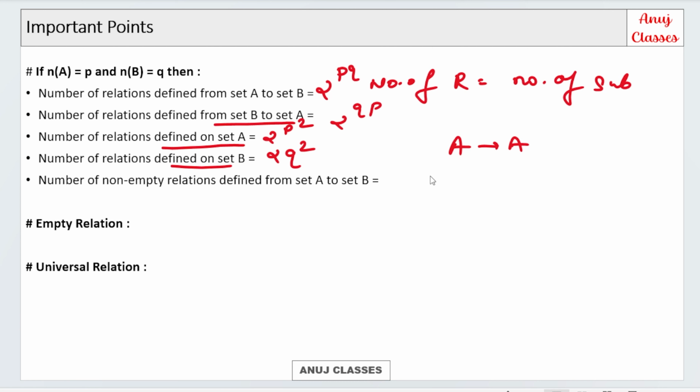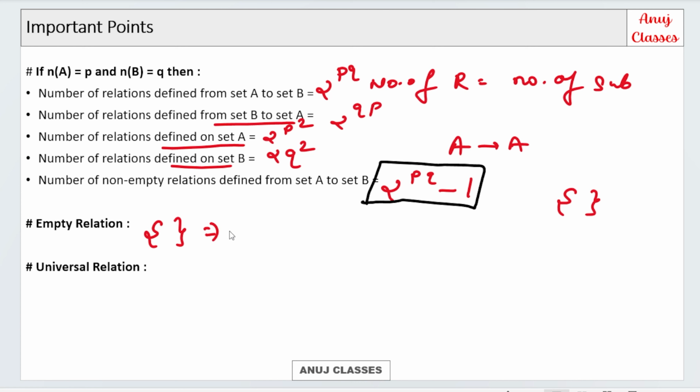The number of relations on set B, similarly, will be 2 to the power Q squared. Number of non-empty relations: we know that there is only one empty relation, and the total number of relations is 2 to the power PQ, so if we subtract 1 we get the total number of non-empty relations. The empty relation we already discussed: there will always be one subset which is empty.